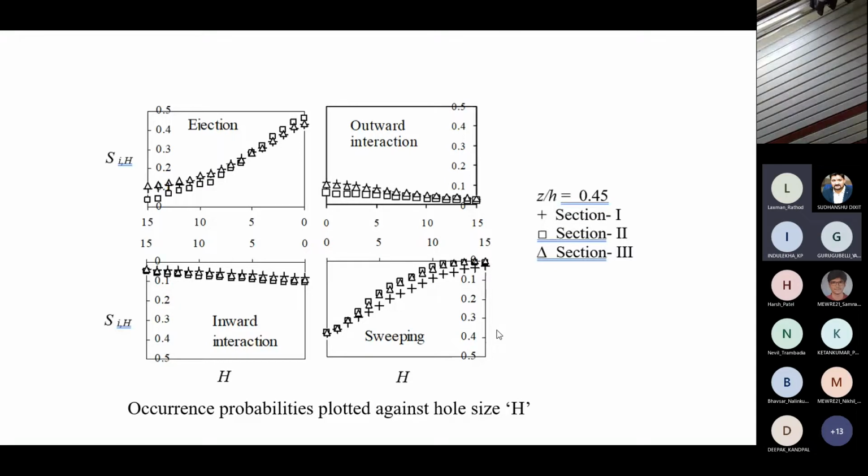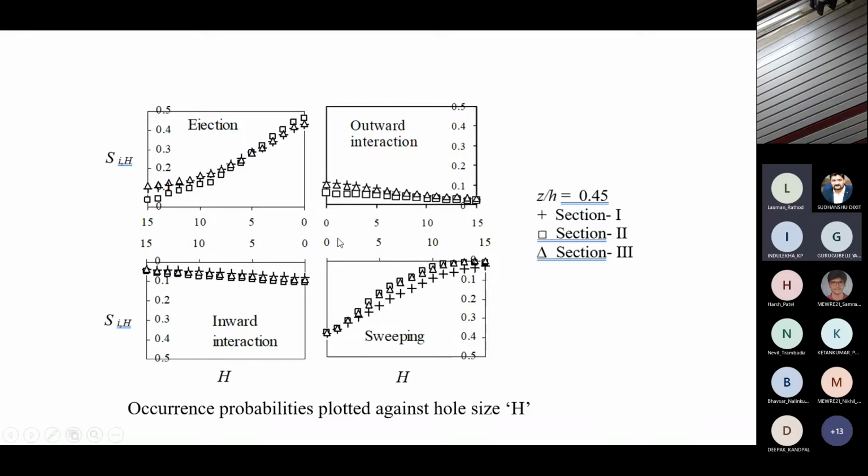See, in the morning class, I showed you the ADV program where we vary the H, the hole size, from 0 to 15, thereby eliminating the weaker events in your data.